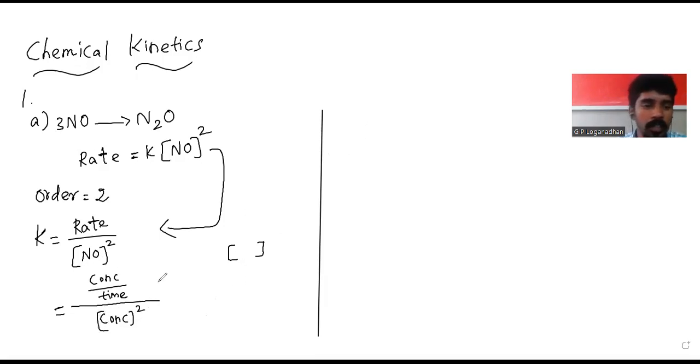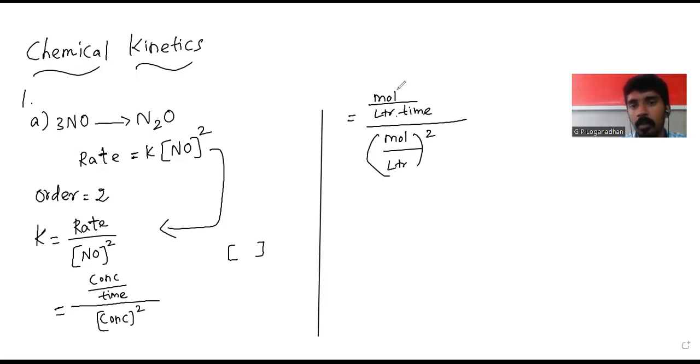Right. Next, concentration means you will be taking moles per liter, and already we have time here. So you will write time divided by concentration, which is mole per liter squared. Mole per liter here, also mole per liter there, but here it is squared. So one power will be cancelled.